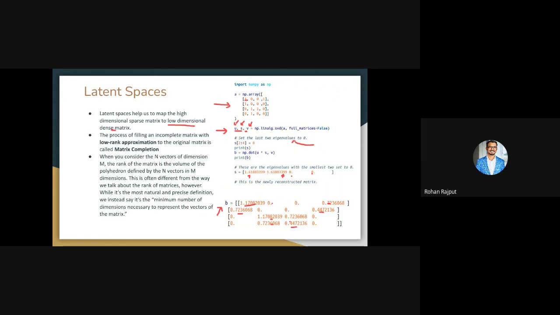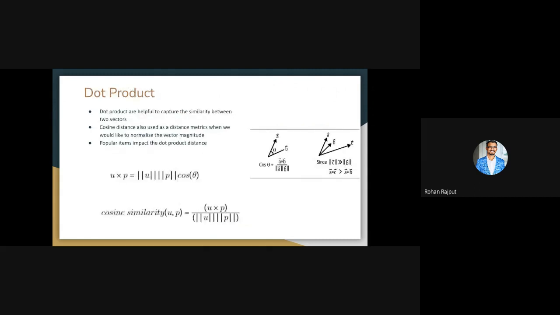So we are introducing this informational bottleneck by deliberately setting the last two eigenvalues of S to 0, so we can reconstruct the original matrix. And that's the entire idea about this low rank matrix: we are trying to recreate our original matrix.